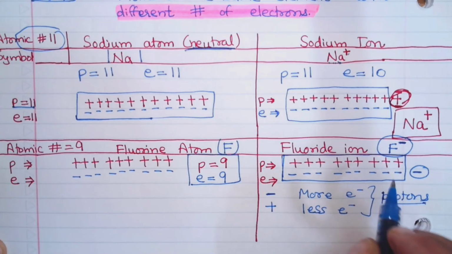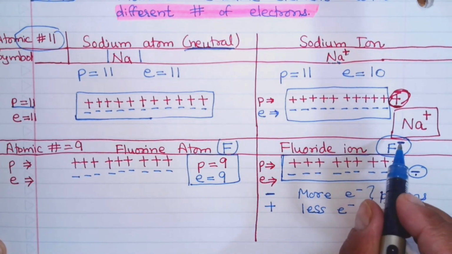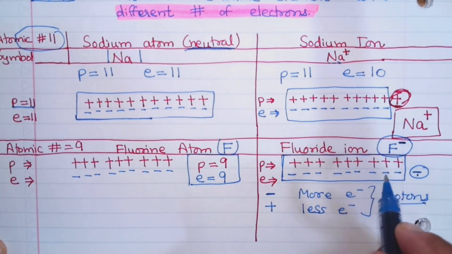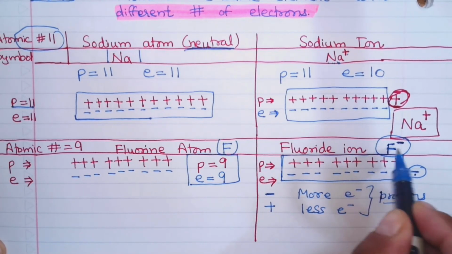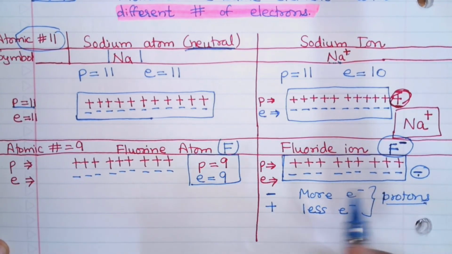Right? So that additional negative charge stays on the fluorine atom, and we write the fluoride ion in this symbolic form. That's the symbolic form of the fluoride ion.